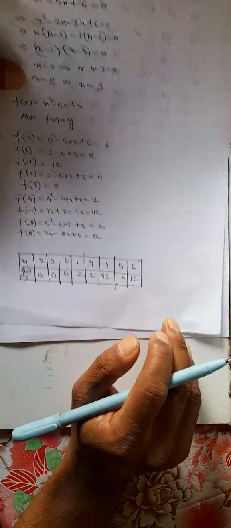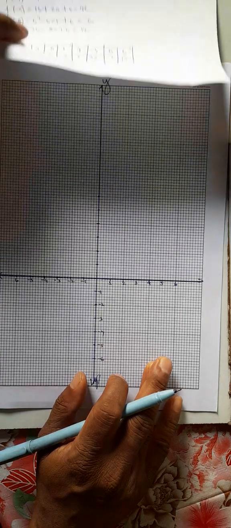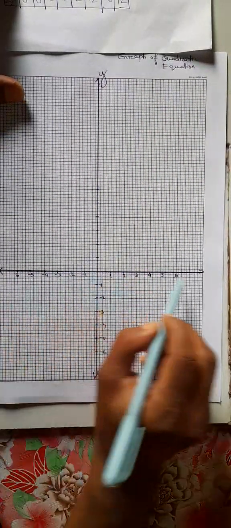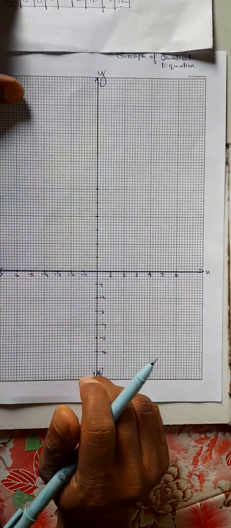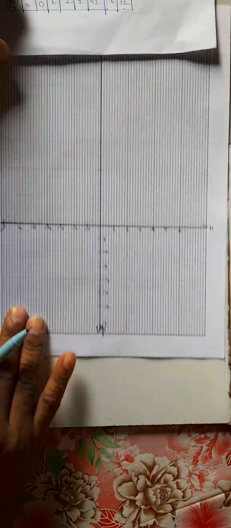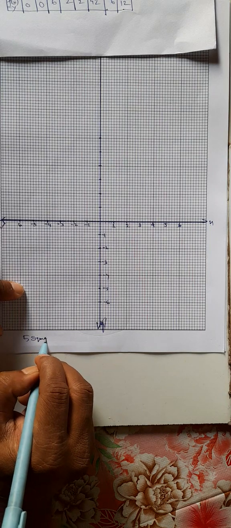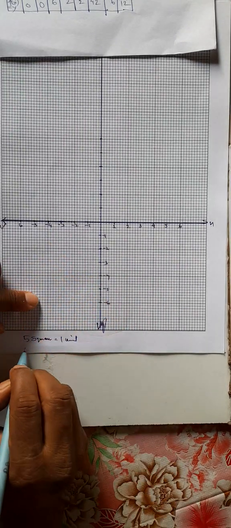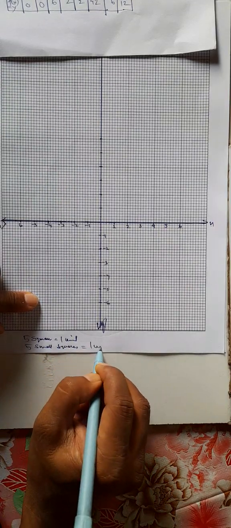Now let us represent these Cartesian coordinates in the xy plane. Then we get a graph of this equation. So this is the xy plane. We treat this as the x-axis, x-axis dash, and this is y dash, y-axis. Now we are considering 5 small squares equal to 1 unit.